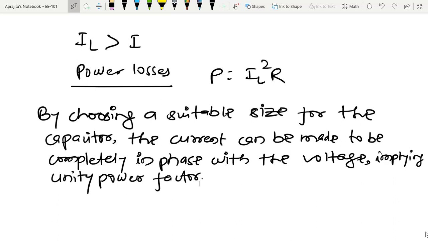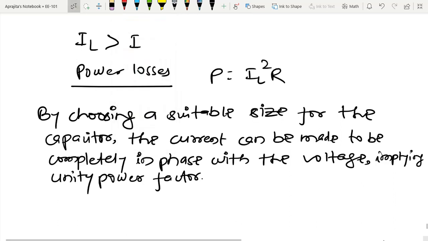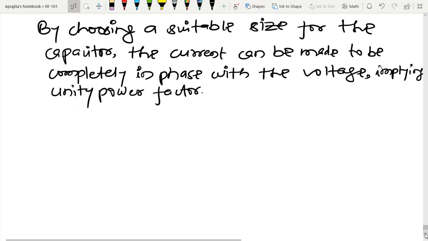You can also visualize it by creating the power triangle. So let us try to see the same kind of explanation using the power triangle, whatever we have learned during the last class.